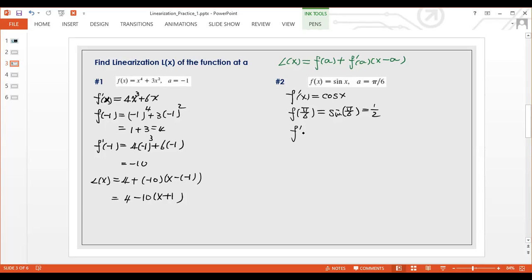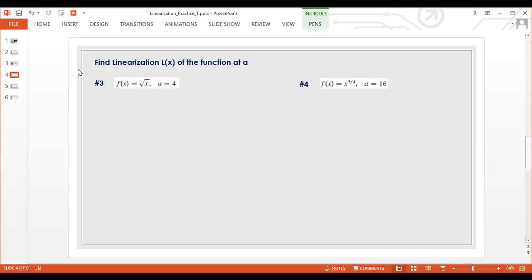Then I plug pi over 6 into f prime, so this will be cosine of pi over 6, which from the unit circle is square root of 3 over 2. Now I can write it. L(x) is equal to f(a), which is 1/2, plus square root of 3 over 2 times (x minus pi over 6). Like I mentioned, it's a very mechanical type of problem, just always follow the same formula.